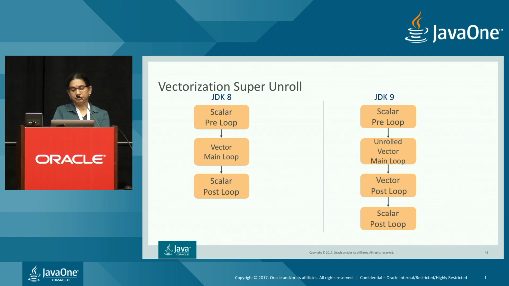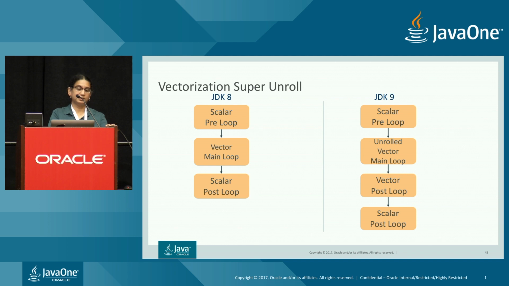As I mentioned before, JDK 9 has vectorization enhancements over JDK 8. In JDK 8, given a simple loop like I showed in the previous example, there is a pre-loop, main loop, and post-loop generated.